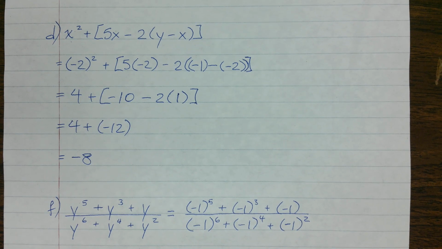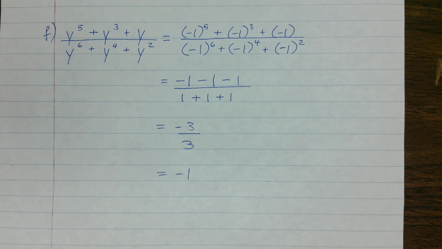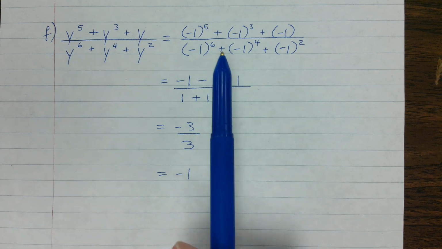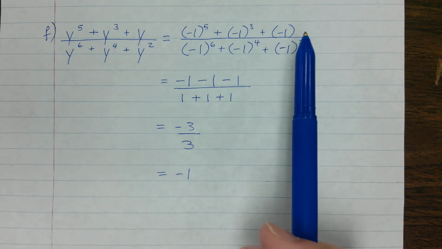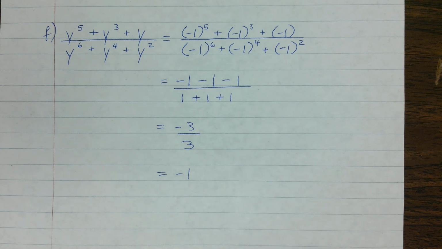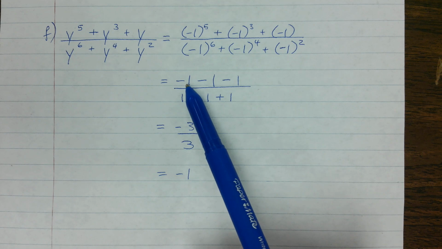Okay, and then the last one, this one looks really confusing, but it's actually one of the easier ones out of the 3. The key is to remember to put in brackets. So y was -1, substituting those in. Whenever it's an odd exponent, what happens to the negative number?